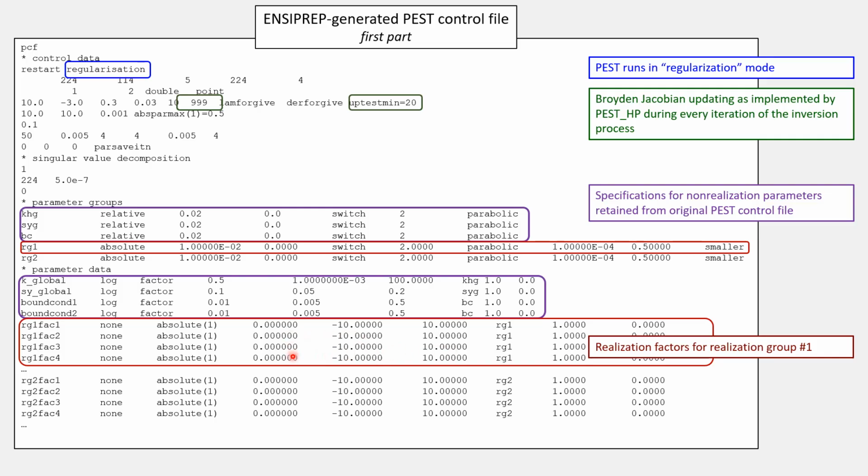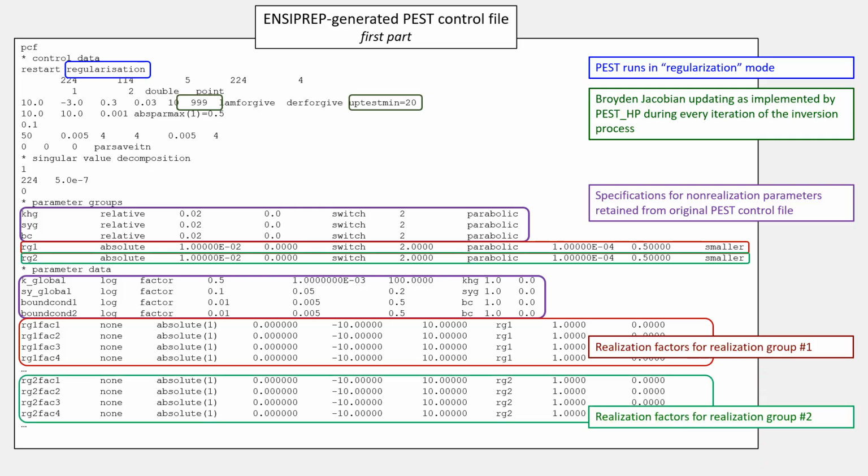The initial values are 0. Here in the parameter group section we have how to calculate finite difference derivatives with respect to these parameters. So here we have realization factors for realization group 1, realization group 2. And there are as many realization factors in each of these groups as the number of realizations that we previously asked for to be assigned to each group.